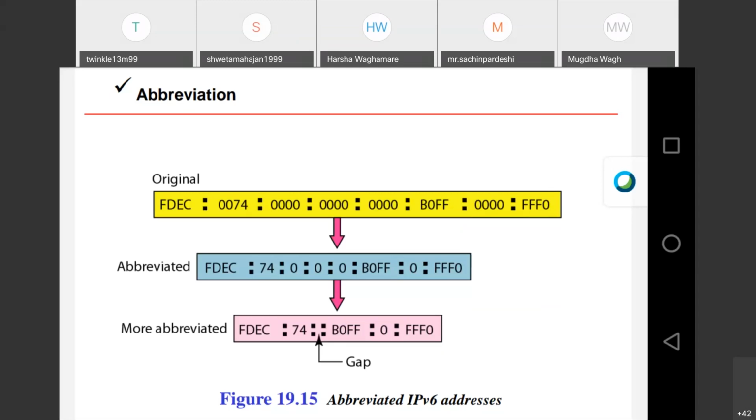It does not affect the value. Here, instead of four zeros, we write only one 0.